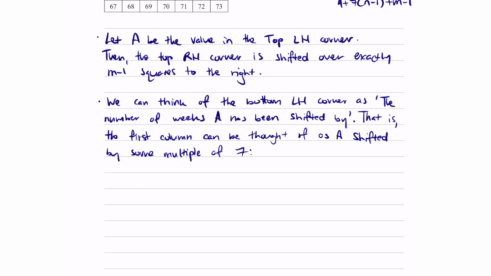We're saying that this is A plus 7 multiplied by some multiple, and that multiple is actually n minus 1.